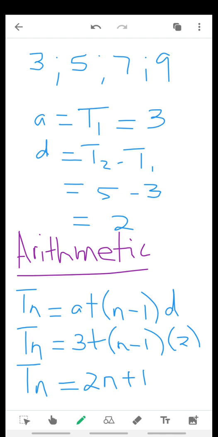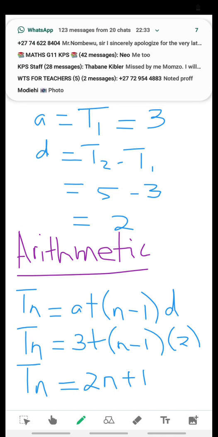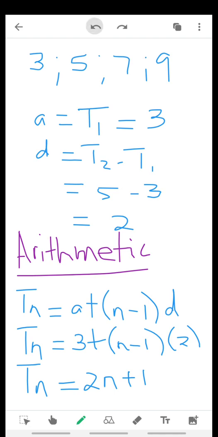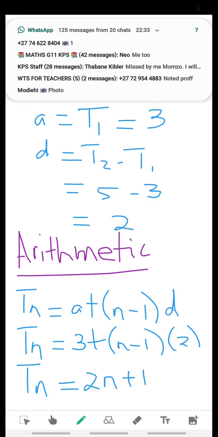So the first difference sequence is 3, 5, 7, 9, where, remember, now I can say a because I'm looking at the arithmetic sequence. Although the arithmetic sequence comes from the quadratic, the fact is we are looking at the arithmetic. So we can call 3 our a, or the first term.